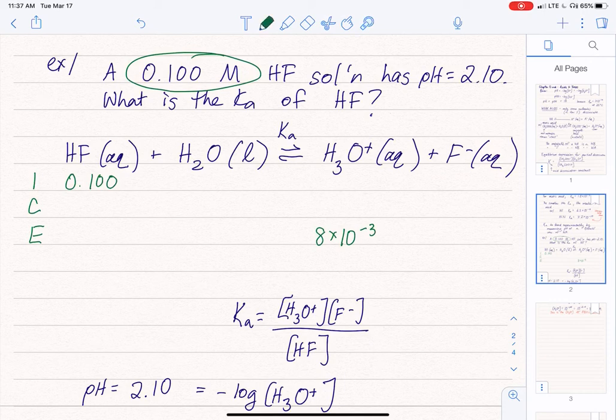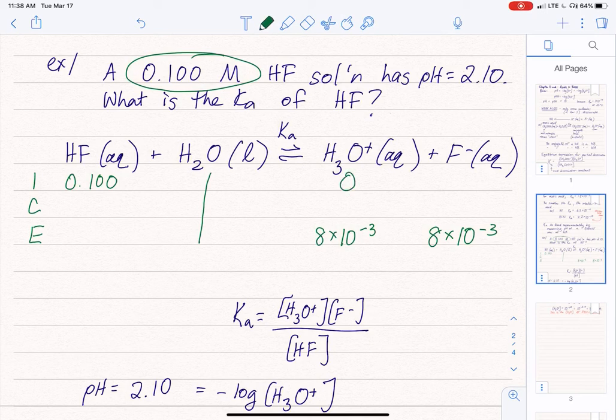So that means we have an equimolar amount of fluoride at equilibrium as we have hydronium. So these are going to be the same. Water does not feature in the expression for Ka here, right? Because pure water does not have a concentration. So I can leave that out of my ICE chart. It's not important.